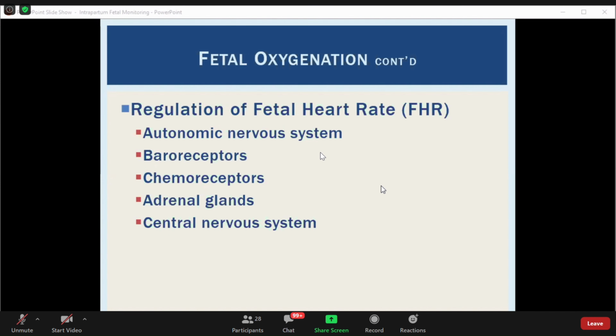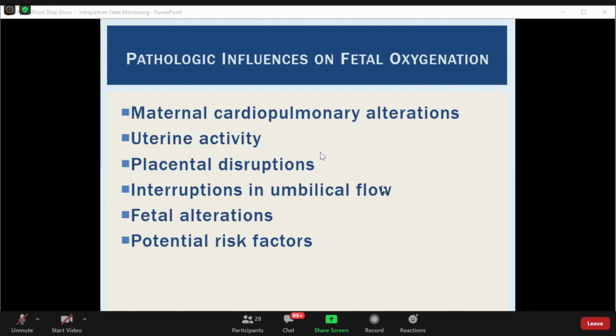At this point, I'm not going to require you to know exactly the role that each of these plays in regulation of the fetal heart rate, but I do expect you to remember that the central nervous system plays a significant role in regulation of the fetal heart rate. Okay. All right.